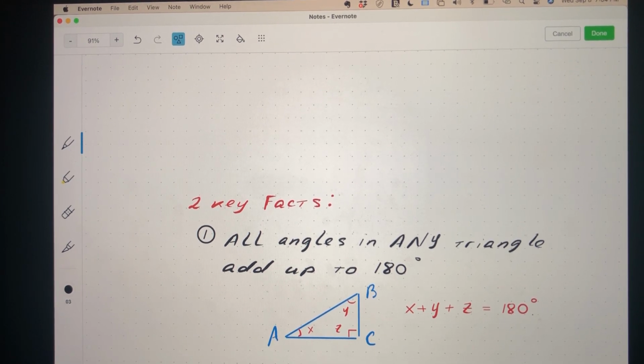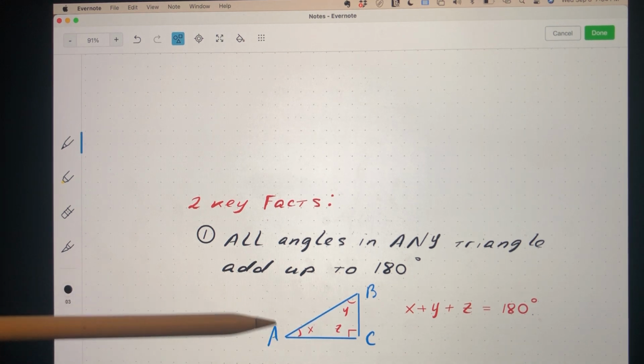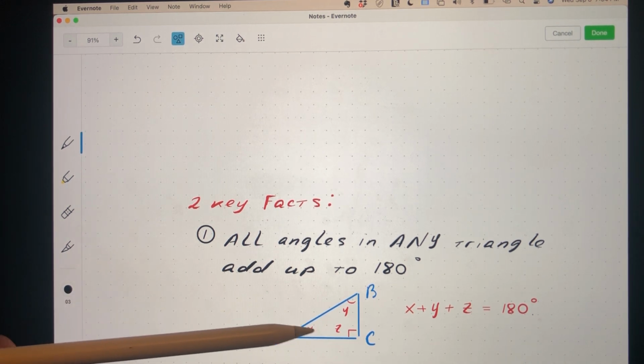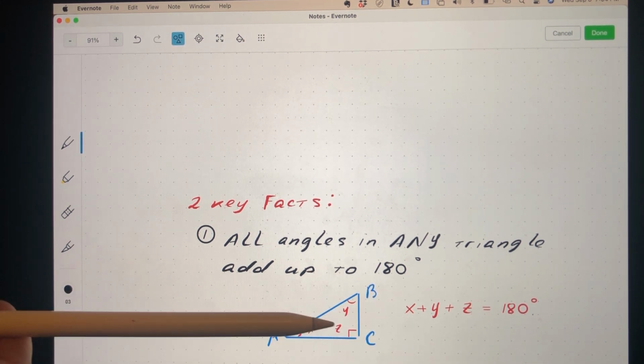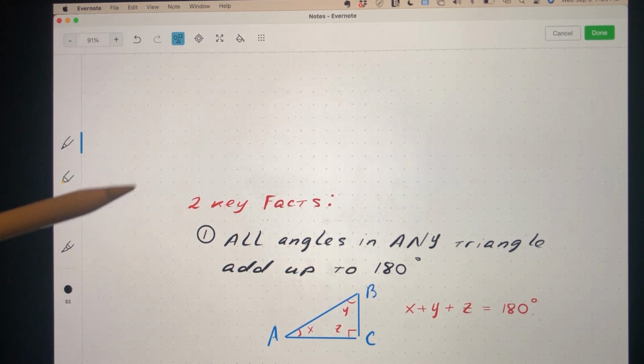Hello, in this video, let's look at two key facts that we often see in trigonometry. The first one is that if we look at any triangle, whether it is a right triangle or any other triangle, the angles will always add up to 180 degrees. That's the first fact.